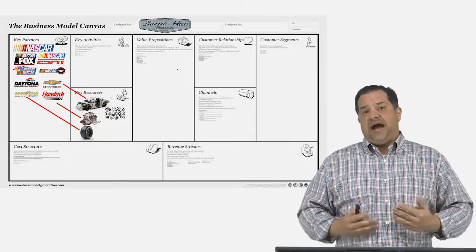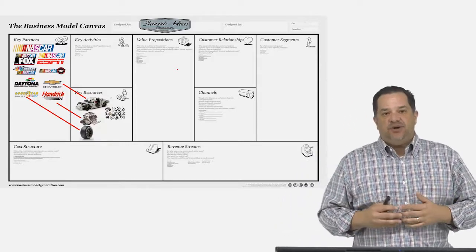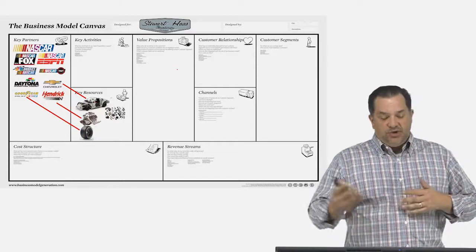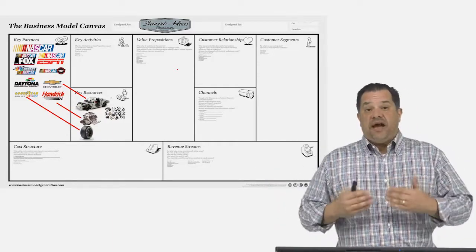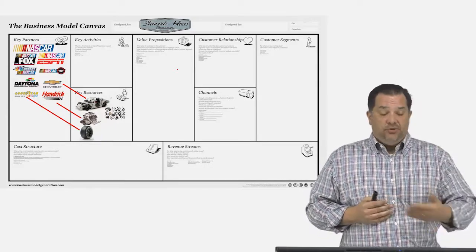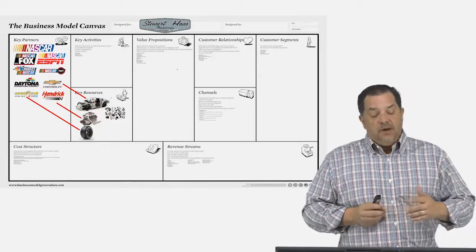Goodyear is the official tire of NASCAR, so every single tire on the NASCAR circuit is going to be a tire provided by Goodyear. And you have some other key partners, which in our particular case, to provide our engines for our business, is Hendrick Motorsports. And I'll talk a little bit more about that in a second.